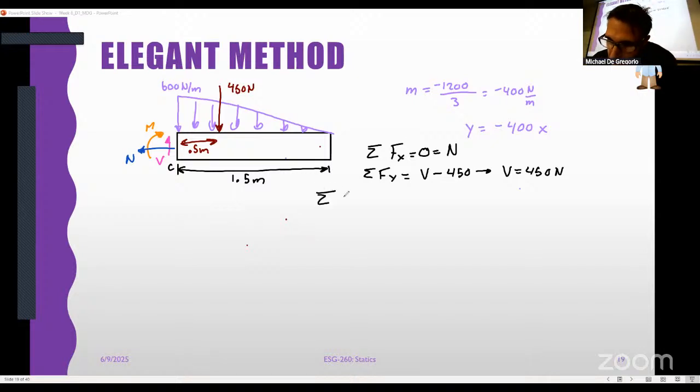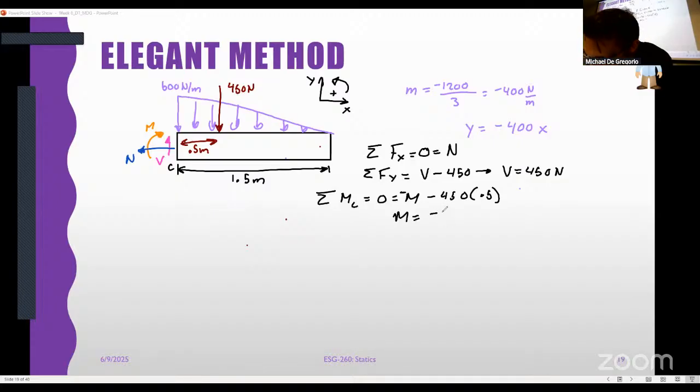Great. If I sum the moment at point C, it's a negative moment that I have drawn there. The only force that I have is that 450 times 0.5, which is also negative from point C. So the moment is negative 225 Newton meters, which means it's actually going in the counterclockwise direction, which means it's actually a positive moment, right?